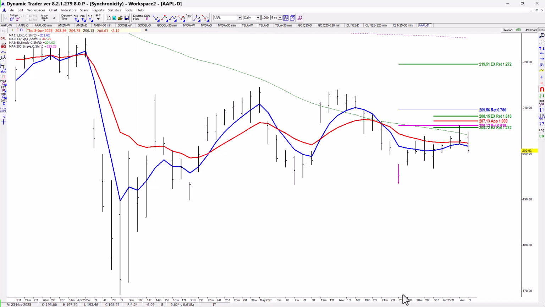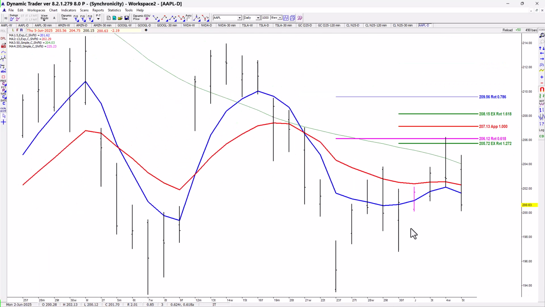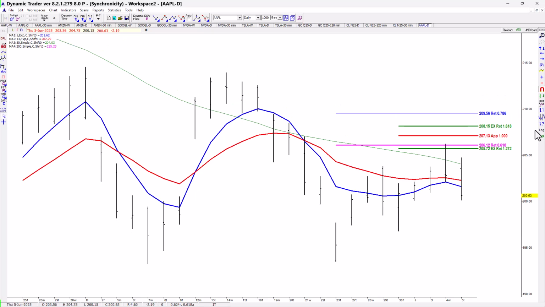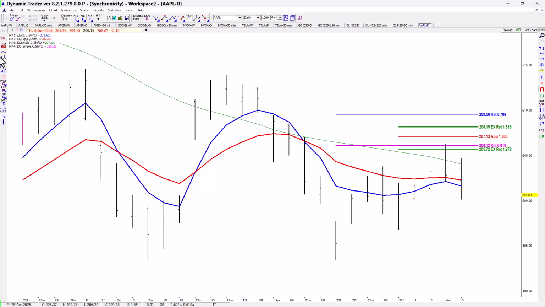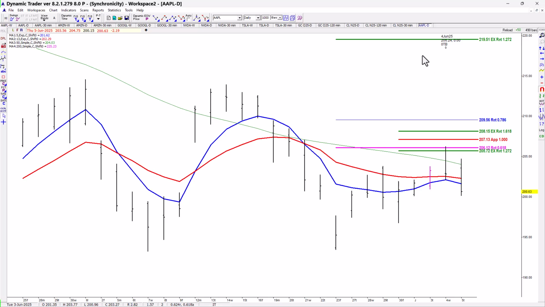So basically, we had a cluster, I'm going to say, that focused on anywhere from this 205.72 to 207.13 area. Okay, now we hit and held that area, and it did give you at least short-term sell triggers. Might have even given you a sell trigger for a swing trade entry.